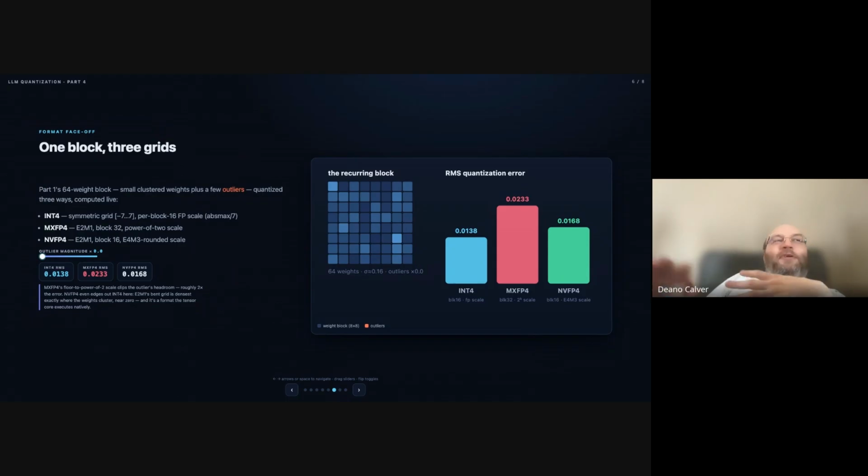So what does this mean? Well, if we look at the actual error between the different systems, we have int4 here, so this is a block of 16. Every 16 values, we have a 32-bit scale, which gives us a bit width of about 6 bits. For a block of 64, the 4-bit values take 2 per byte, so it's 32 bytes for the actual quantized values, and then the extra scales add on.